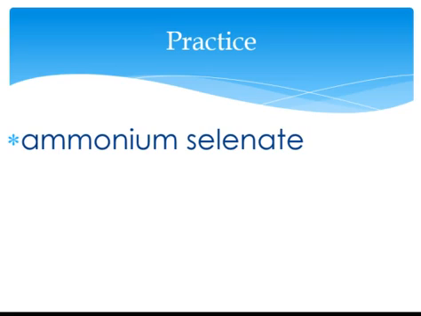Now here is a little bit trickier one because this says ammonium selenate. Ammonium is in the periodic table on the orange and blue chart in the little box that says noteworthy additions. Its symbols and charges are NH4 plus 1, and selenate is an SeO4 minus 2.